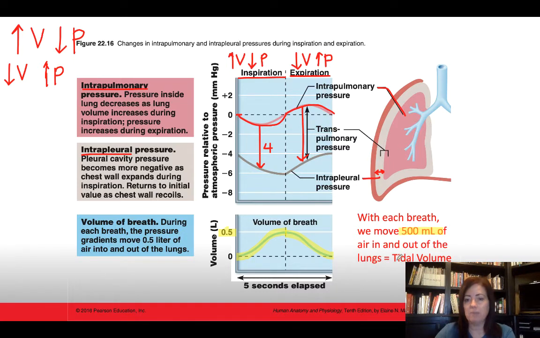We actually have a name for that. We call that our tidal volume. That's important, and you do need to know that. Tidal volume is the amount of air that we move in and out with one breath, and at rest, you can say that it's 500 milliliters.